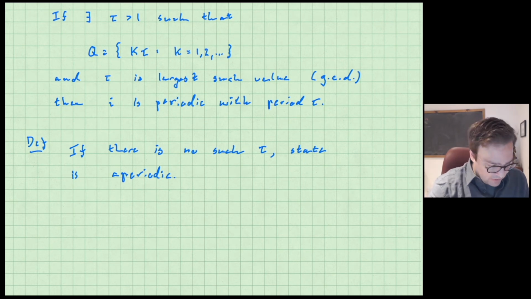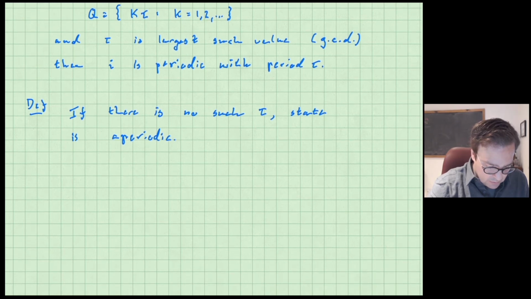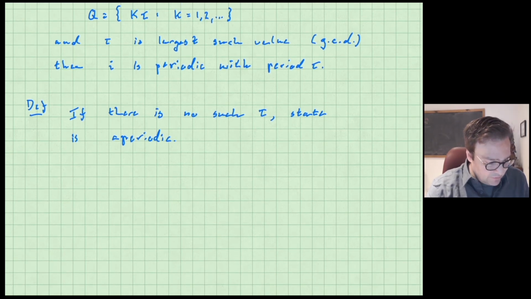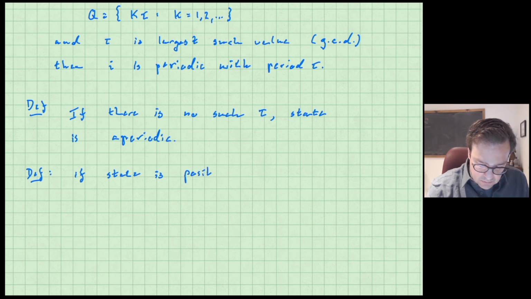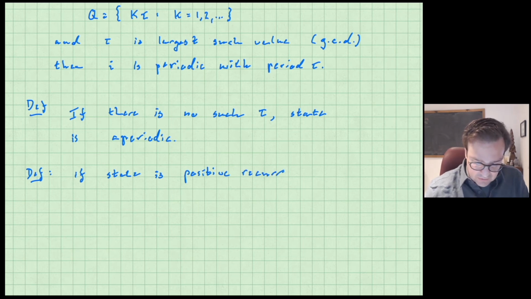But before that, I'm going to introduce one more term. A whole lot of definitions. If the state is positive recurrent, you should think about what that means. I'll just write it out.